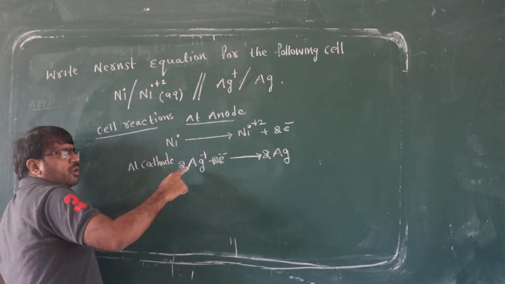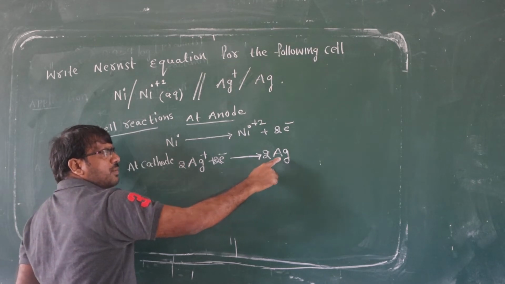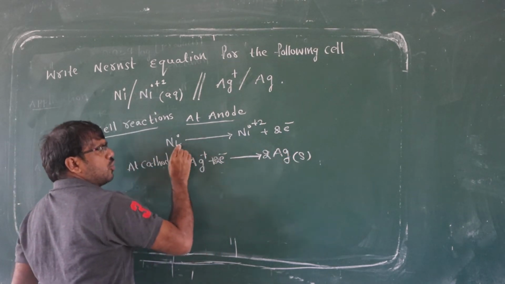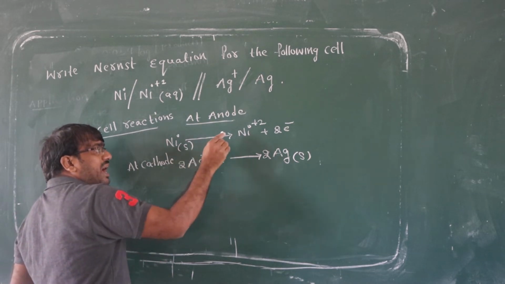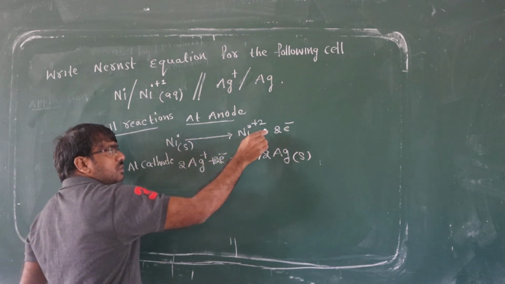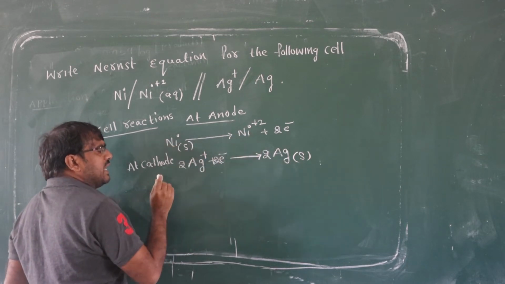Understood? Ag+ plus 1 electron gives Ag, solid silver. But in this equation we have to balance the electrons. At anode and cathode, the electrons must be equal.